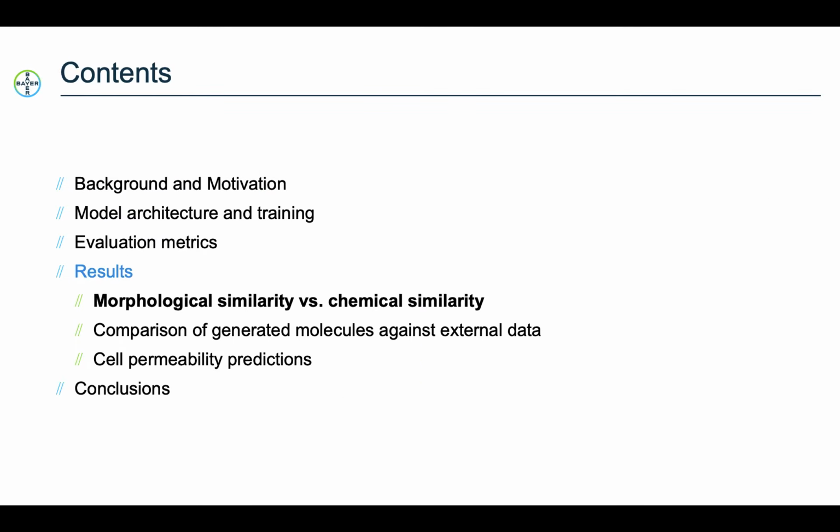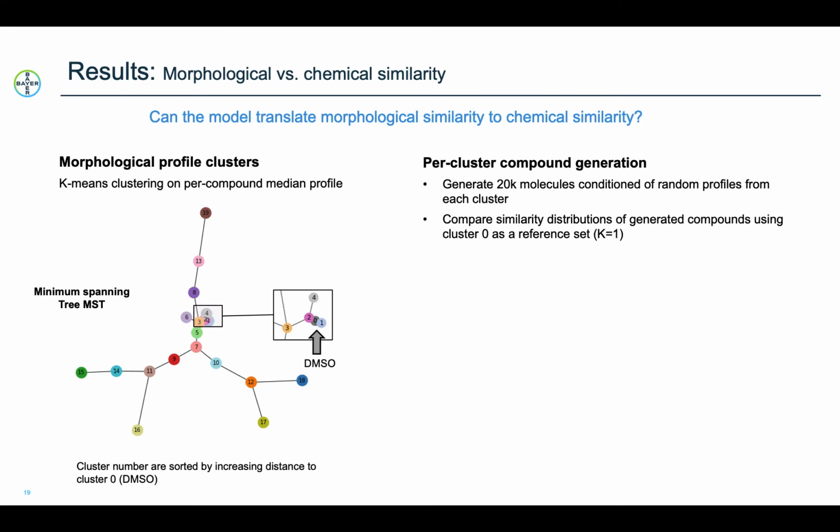And now diving into the results. The first thing that we examined was the relationships between morphology and chemical structure. So basically the question that we wanted to answer here was whether the model can translate morphological similarity into chemical similarity.